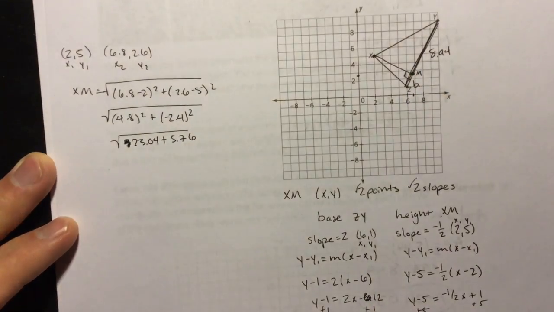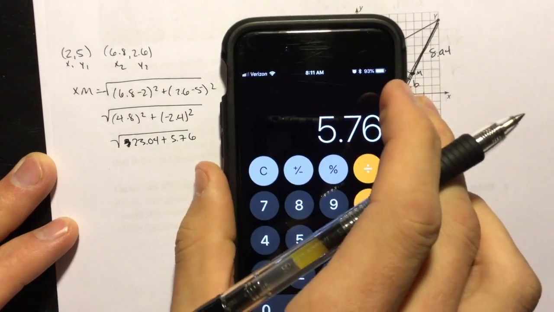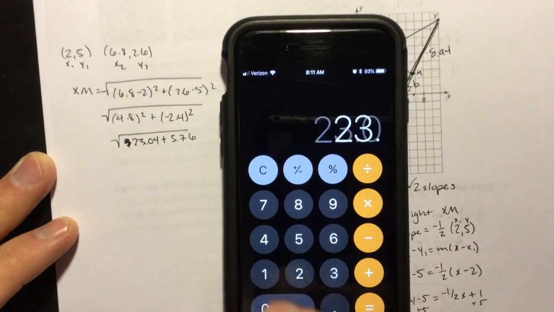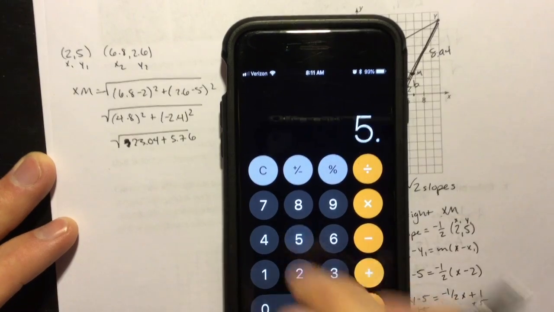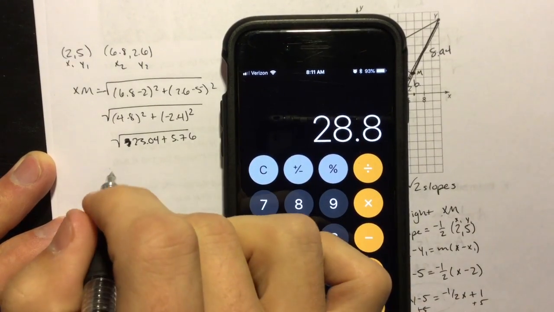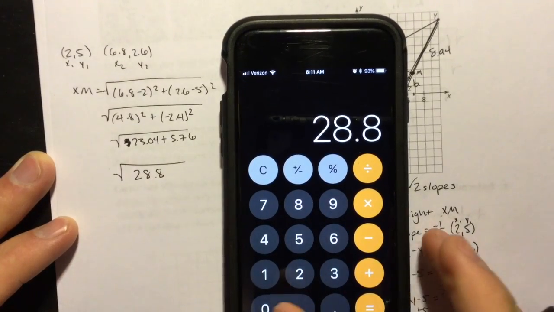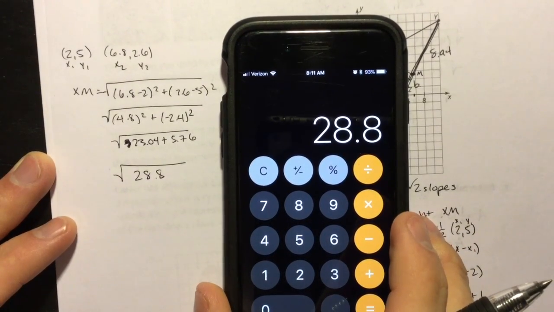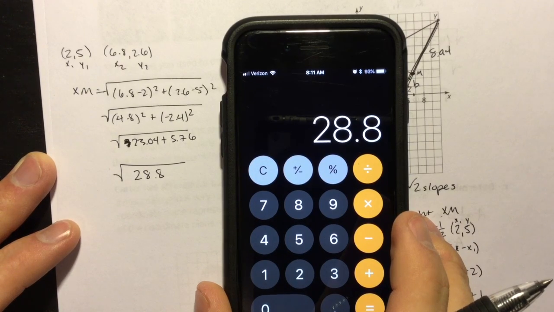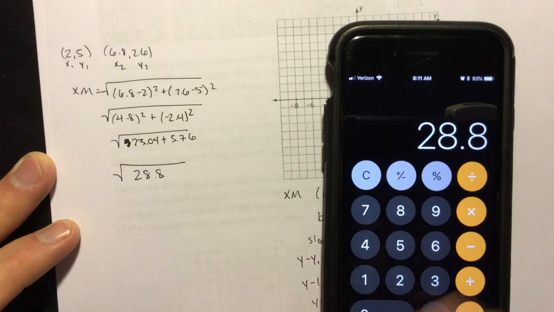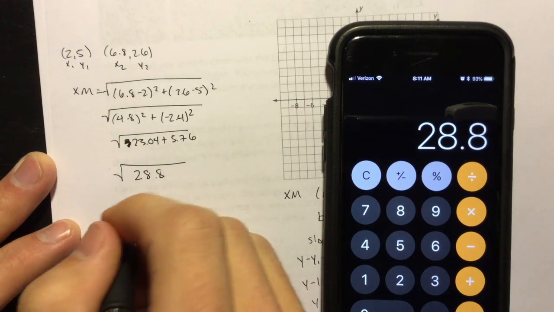Now I'm going to add those together to get 28.8, and then the square root of that, I think we just did that earlier. Square root of that is going to be 5.37.